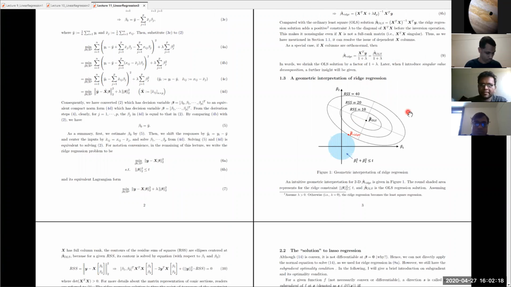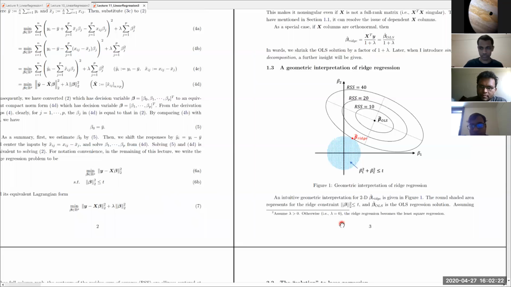No? Okay, now let's have a look at a geometric interpretation of ridge regression. First of all, suppose this one is the OLS estimation, the beta here. And very clearly, suppose I have only 2 dimensions, beta 1 and beta 2.